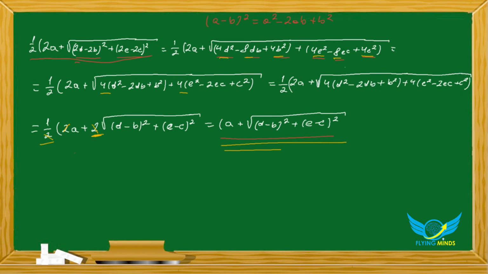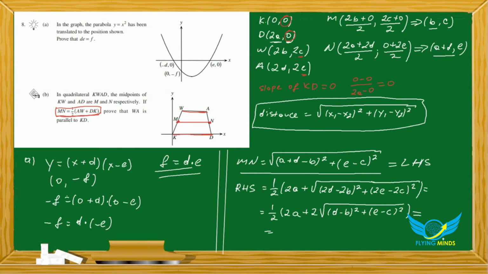Now let's go back. We cancel the 2's, so it will be a plus square root of d minus b squared plus e minus c squared, and this is the right hand side of the given equation.